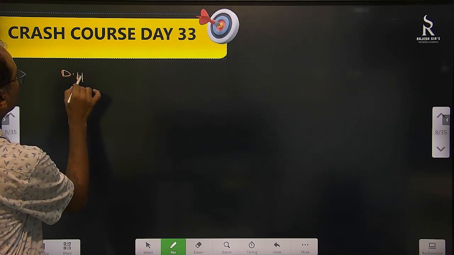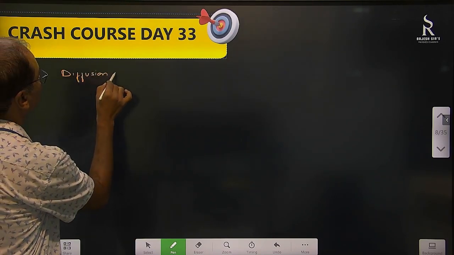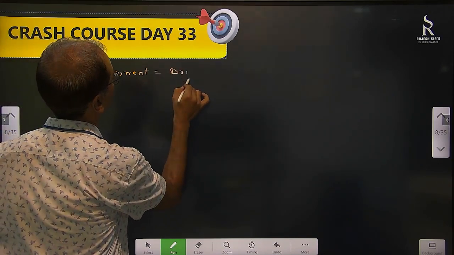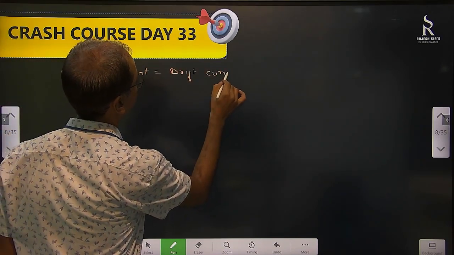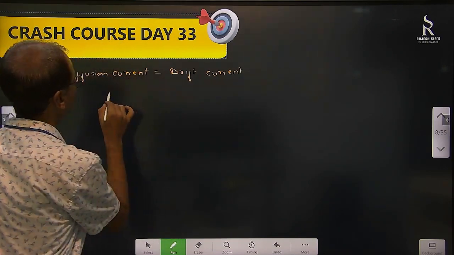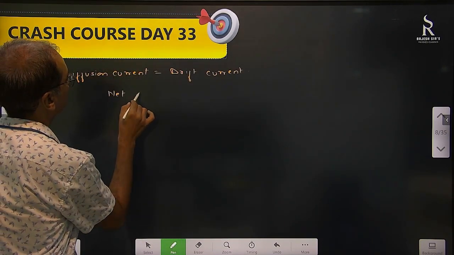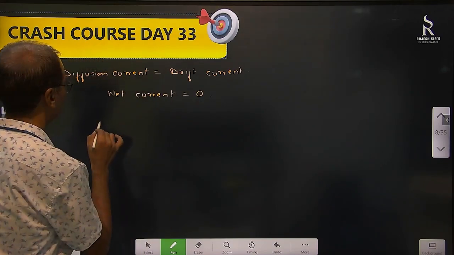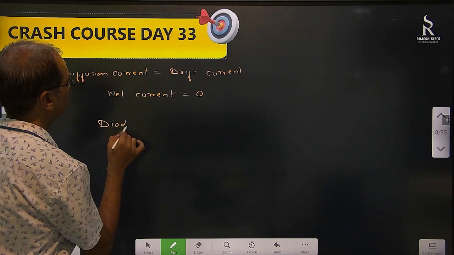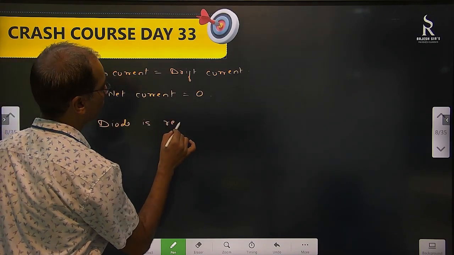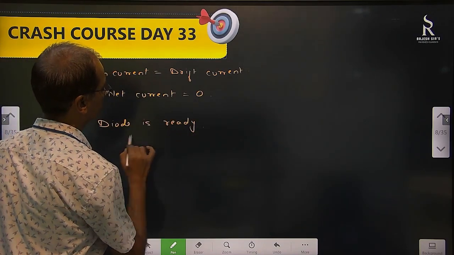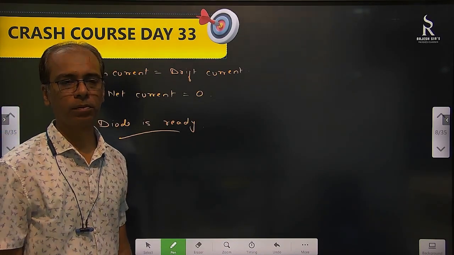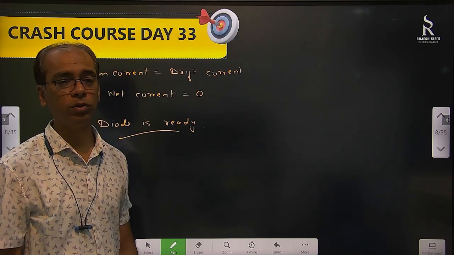Diffusion current is equal to drift current. Net current is zero. Now the diode is ready. So far it was not ready. Now the diode is ready. There is no current in that. It's ready to use.